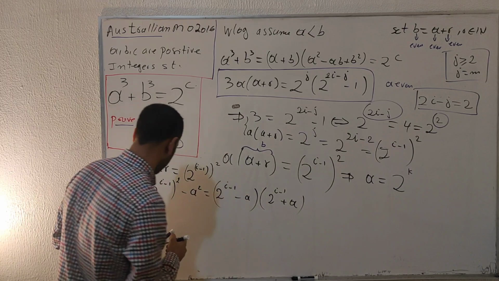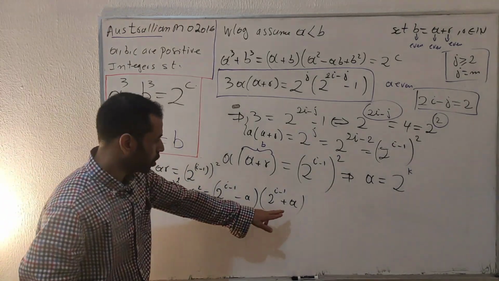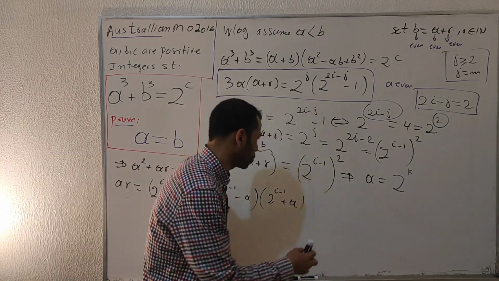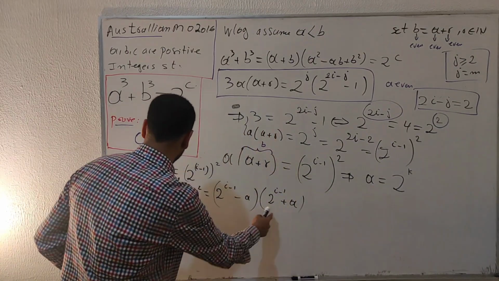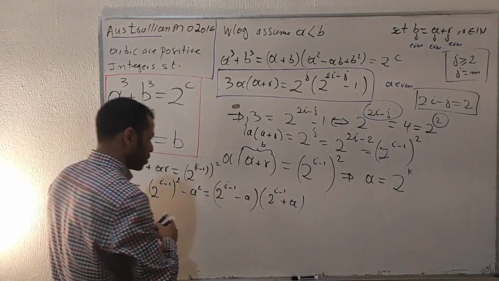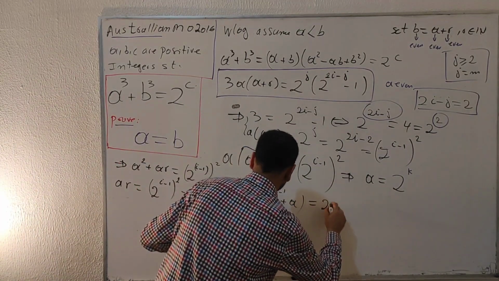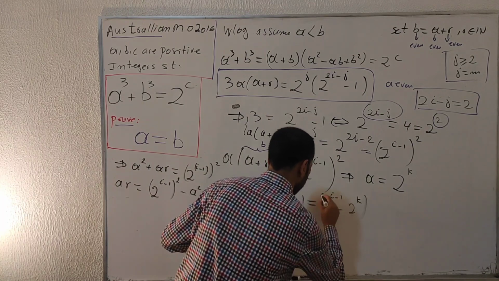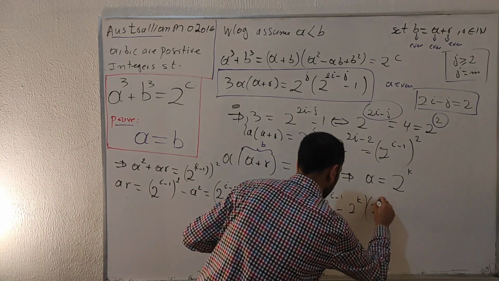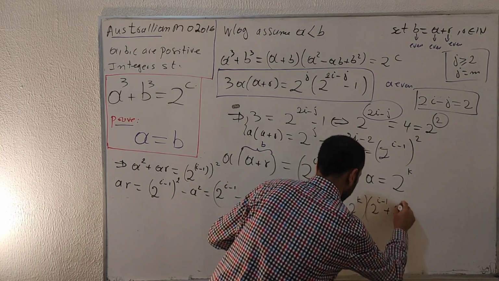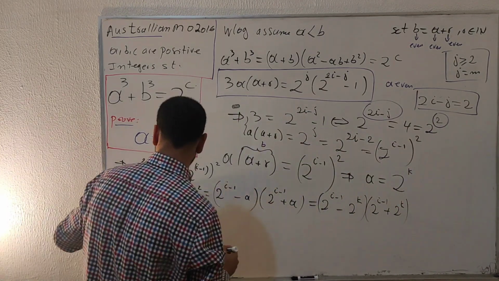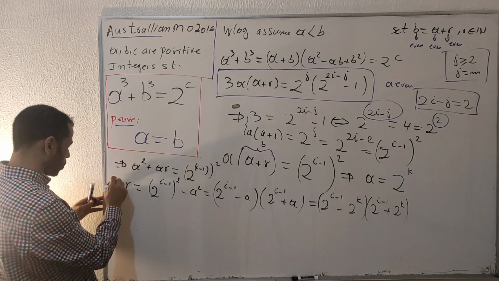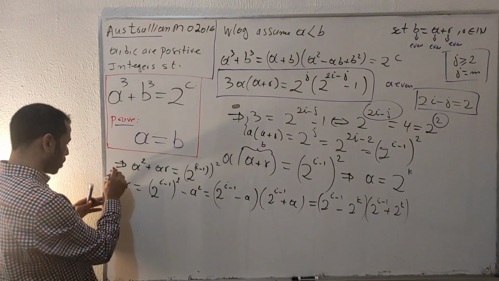Okay, since a is a power of 2, 2 to the k, I'm going to replace this value into a. So we'll get here 2 to the i minus 1 minus 2 to the k, factor 2 to the i minus 1 plus 2 to the k, like this. And I'm going to replace also a with 2 to the k, like this.